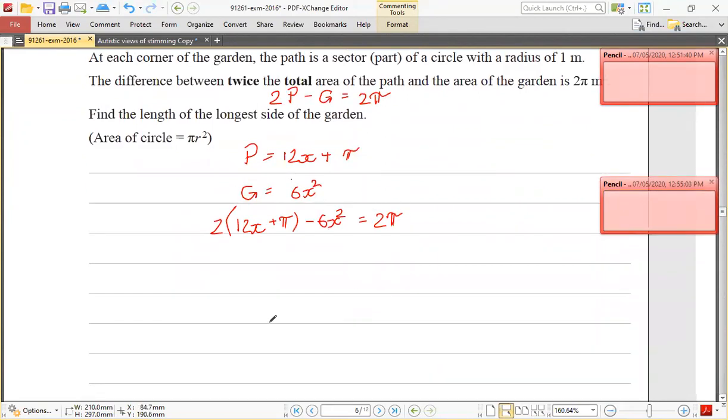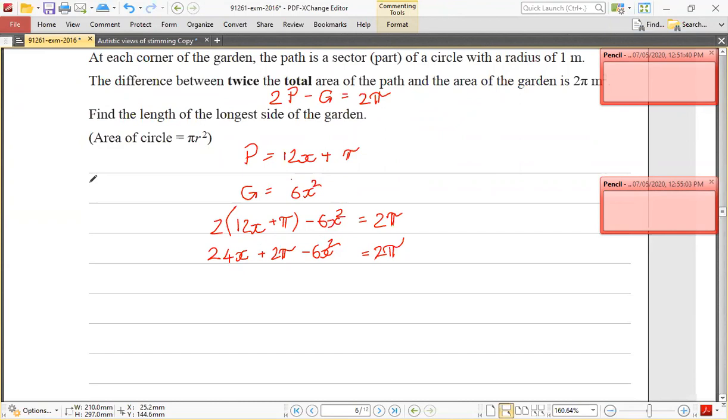And now we've got to expand it. So this is going to be 24x plus 2 pi minus 6x squared equals 2 pi. And as soon as you see you've got x squared and an x, we automatically know that this is a quadratic.